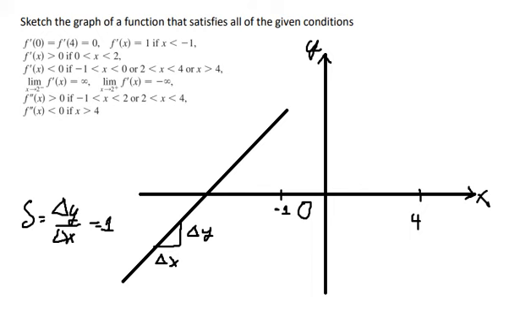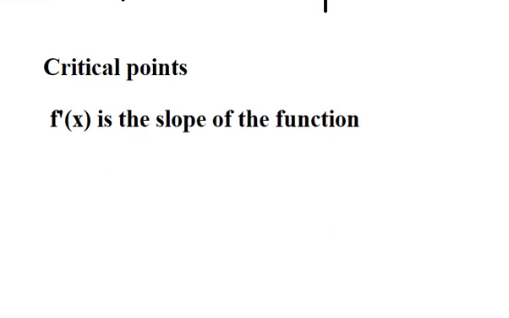The next one, the first derivative of the function is greater than 0 from 0 to 2. That means from 0 to 2 it is positive.